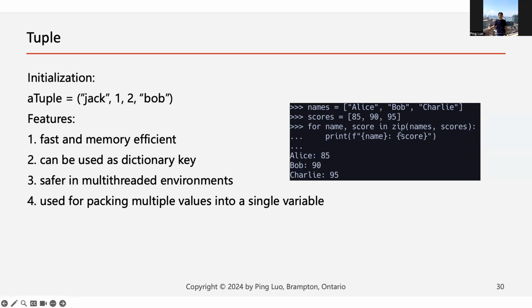With this zip, we put all the lists together and make them into tuples. Basically every element in names and every element in scores are linked to each other, so we can access them and do some kind of operations.